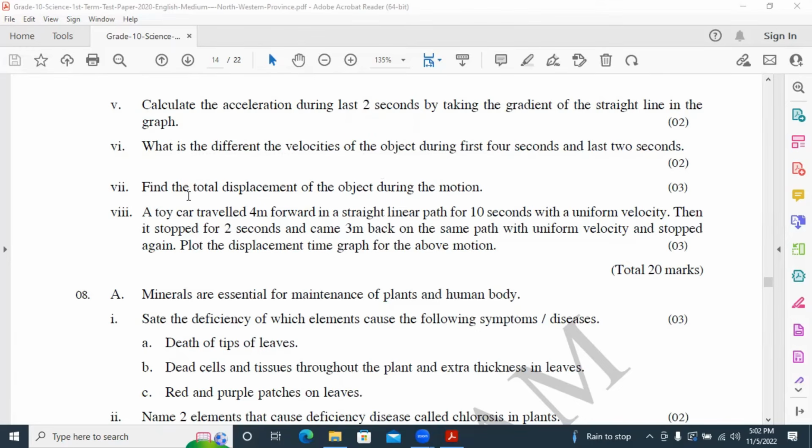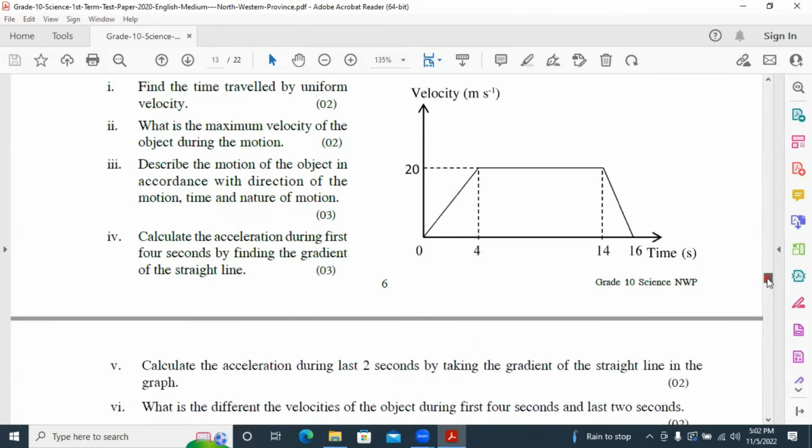Find the total displacement of the object during the motion. To take the total displacement, you have to take the area under this graph.